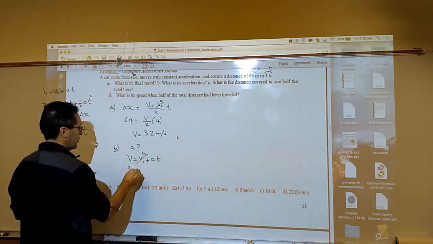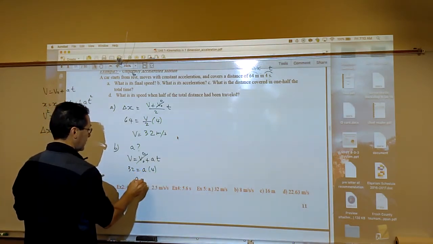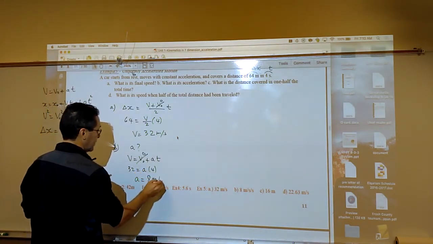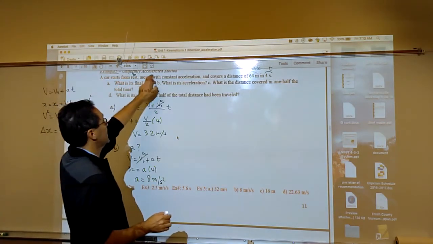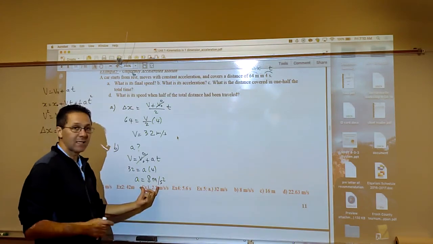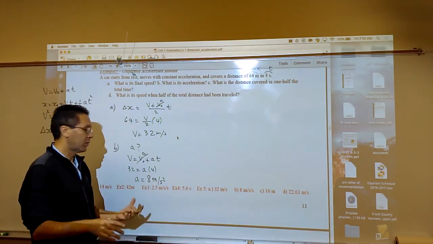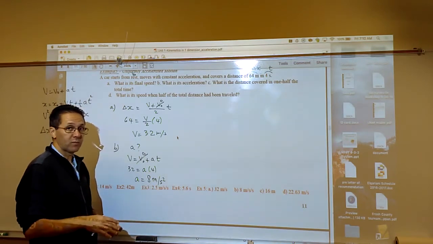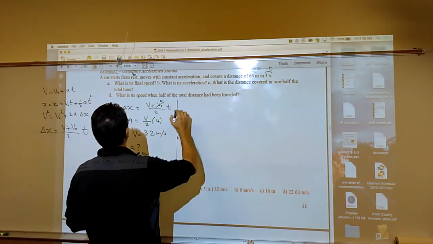This is 32, but that happens after 4 seconds. So the acceleration is 8 meters per second squared. The fact that it says uniformly accelerated motion means that this acceleration can be used over and over again. You own this. This is something you can use for all the parts of the problem.